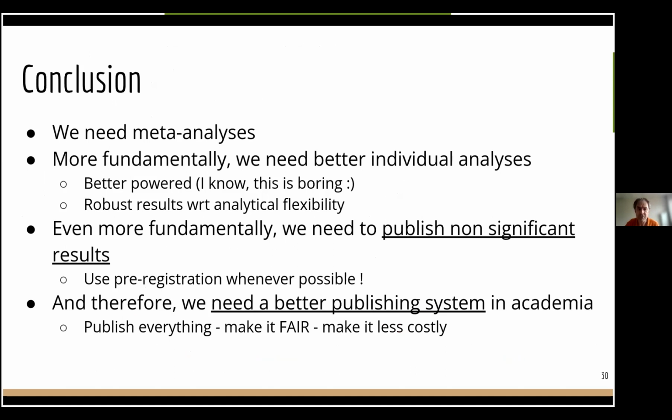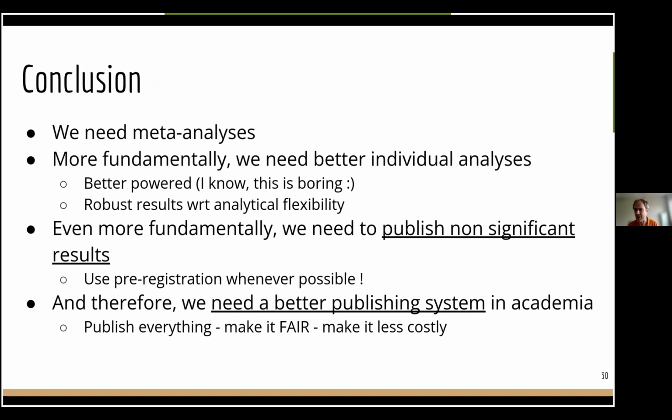So, conclusion: we absolutely need meta-analysis. More fundamentally, we need better individual analysis such that we can do better meta-analysis, better powered, more robust with respect to analytical flexibility. I think possibly even more fundamentally, we need to be able to publish non-significant results.